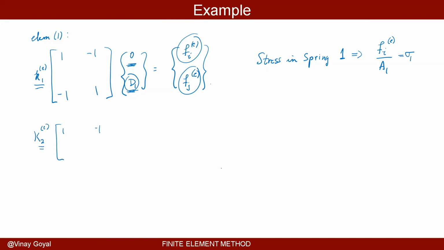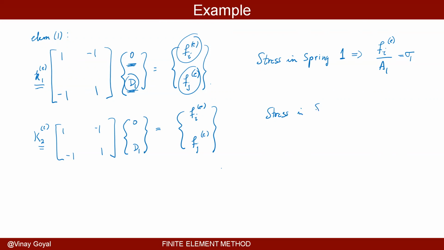In that case, we have the D1 and D2. I think it's the same way, that's 0, 1, 0, D1. Same way. Sorry, I was thinking of number 3. So the stress in spring 2 gives you F divided by A2.